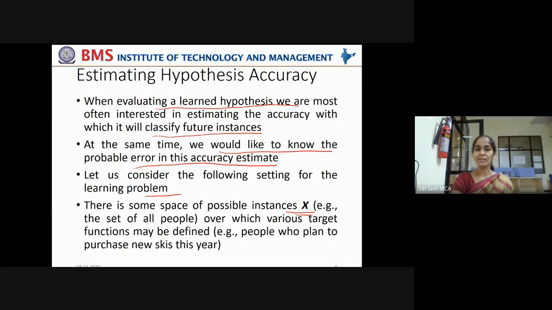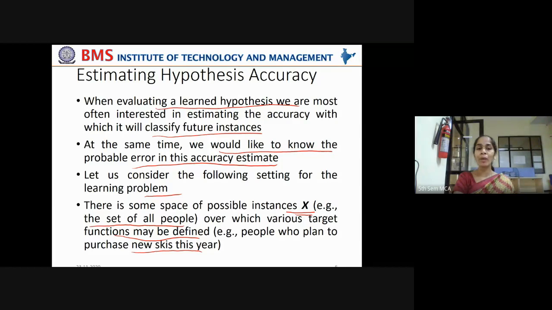There is some space of possible instances, say the set of all people, over which various target functions may be defined. Say what would be the target function? People who plan to purchase new skis this year. People may be interested in skiing in their vacation.